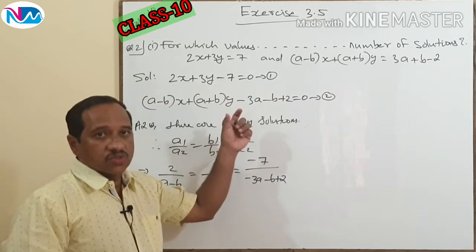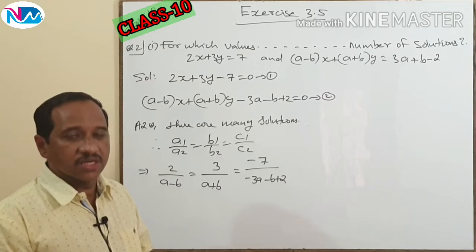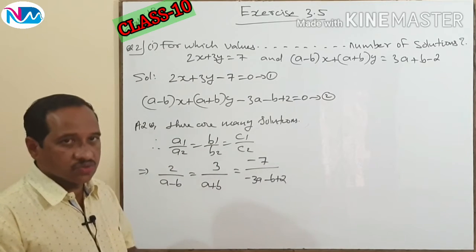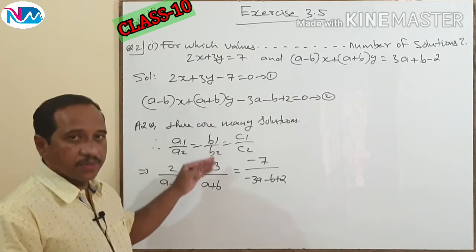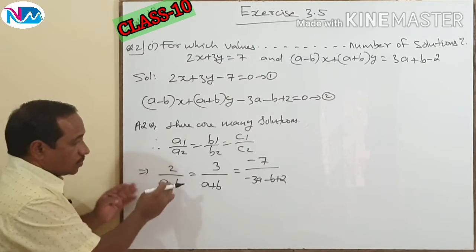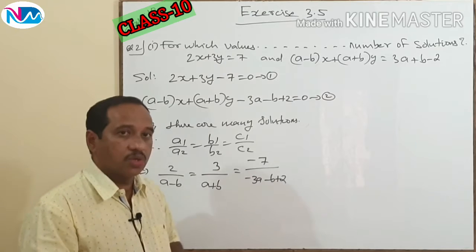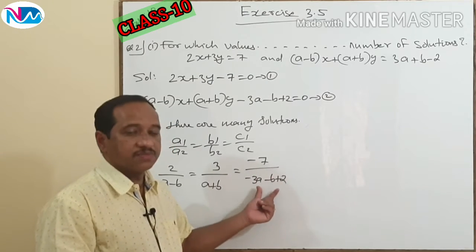So, according to the question, these two equations have infinitely many solutions. Therefore, substituting the values, we get 2 by (a minus b) is equal to 3 by (a plus b) is equal to minus 7 divided by (minus 3a minus b plus 2).